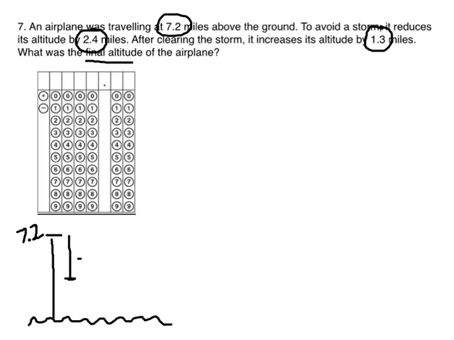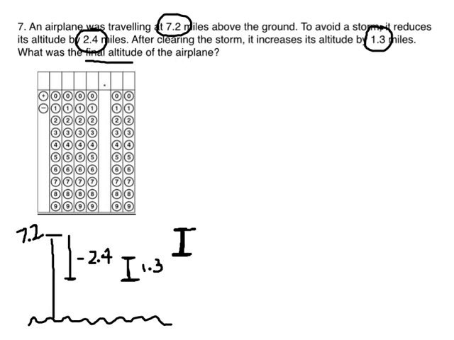So we went down 2.4. And then after clearing the storm, they increased their altitude by 1.3. So it's asking for the distance from where it started to where it ended. So from here to here, right here on the right.